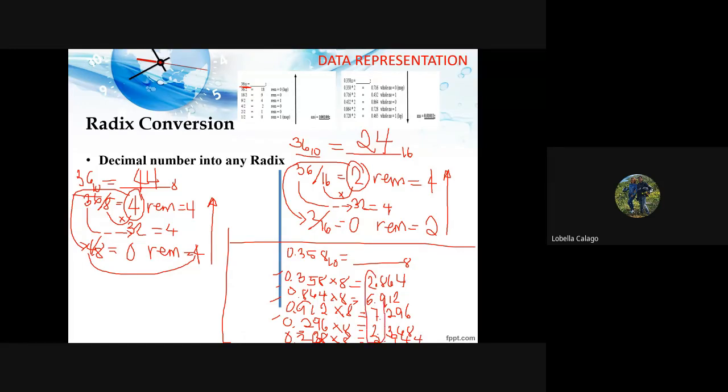Para hindi kayo malito, encircle nyo si whole number. And then, start with top to bottom. Then, 0, point. Ano yung first? 2, 6, 7, 2, 2. Yan po yung answer nyo sa conversion ng base 10 to base 8.